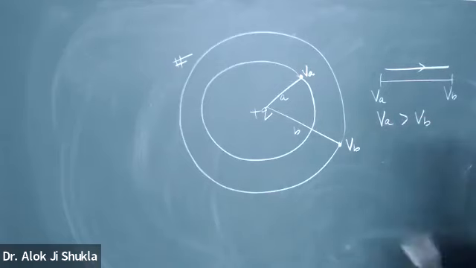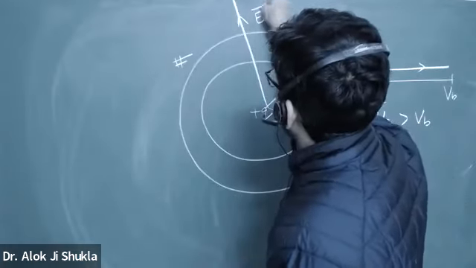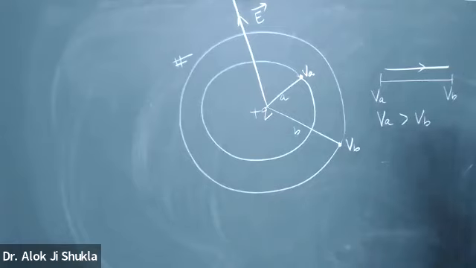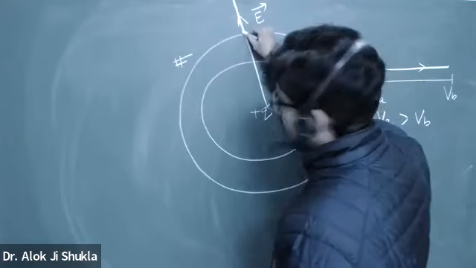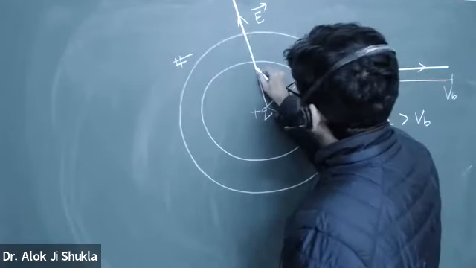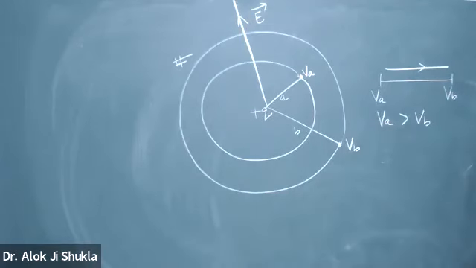The field is radially outward in this case. Because the potential here is higher than here, the electric field is in the decreasing direction of potential. So you can see the direction of the electric field.